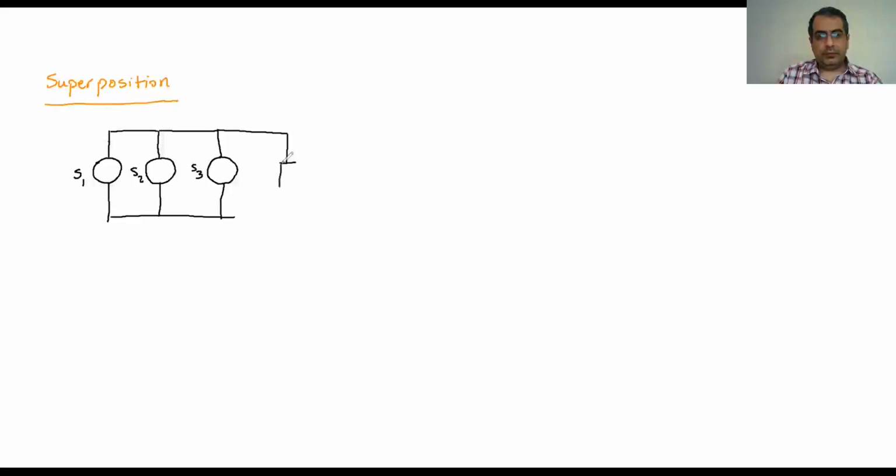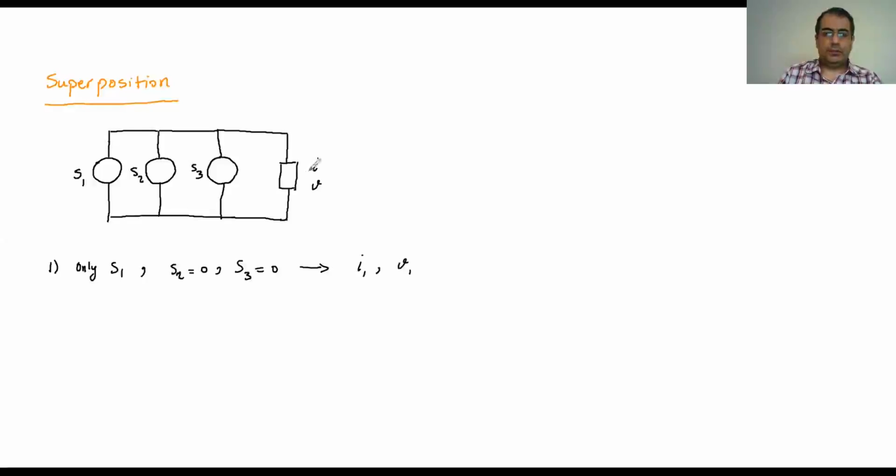Again, we don't care. We have an element here, and we have these three connected to that. And then when I want to see what's happening here, first I would assume only S1, and I assume S2 is 0 and S3 is 0. And then I calculate, for example, I and V here. So I calculate I, it's going to give me I1 and V1, whatever it's going to be.